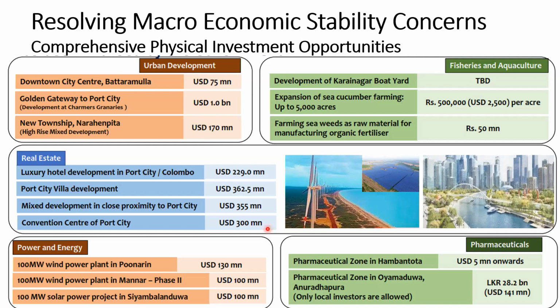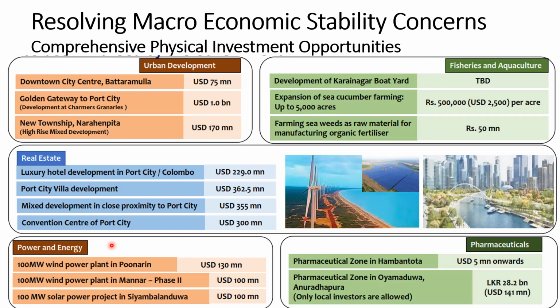question, but maybe we may still think of power and energy, those kinds of fields, where we may be able to attract these foreign direct investments. But they will say they need the tariff in US dollar terms. Previously they may have accepted LKR terms, but now our rupee has depreciated and they may need the dollar tariff.